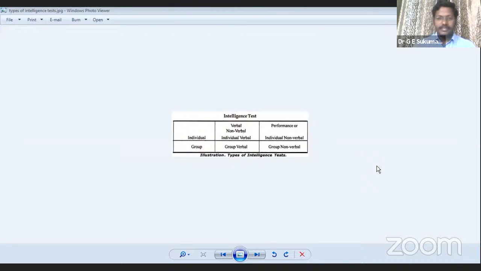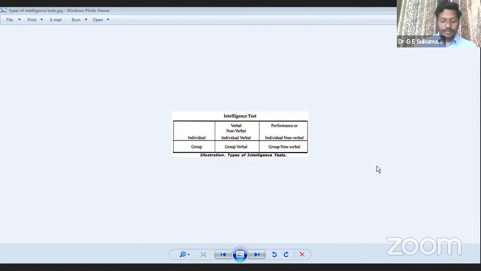This is generally seen in those situations. In terms of verbal and non-verbal, we have talked about it. So this is about our intelligence tests.